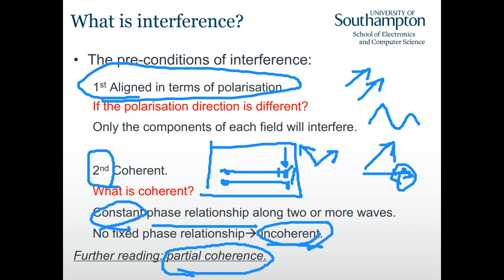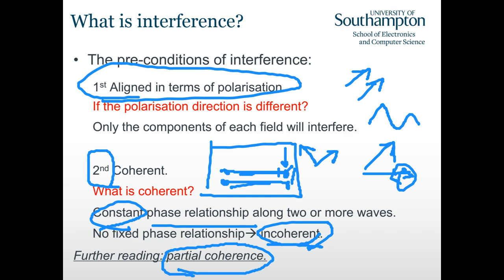So what is coherent? If I give two students here two lemons, and I ask them to pass the lemon to the next student only when I clap, I would clap periodically, and the two rows would pass the lemon at the same speed.